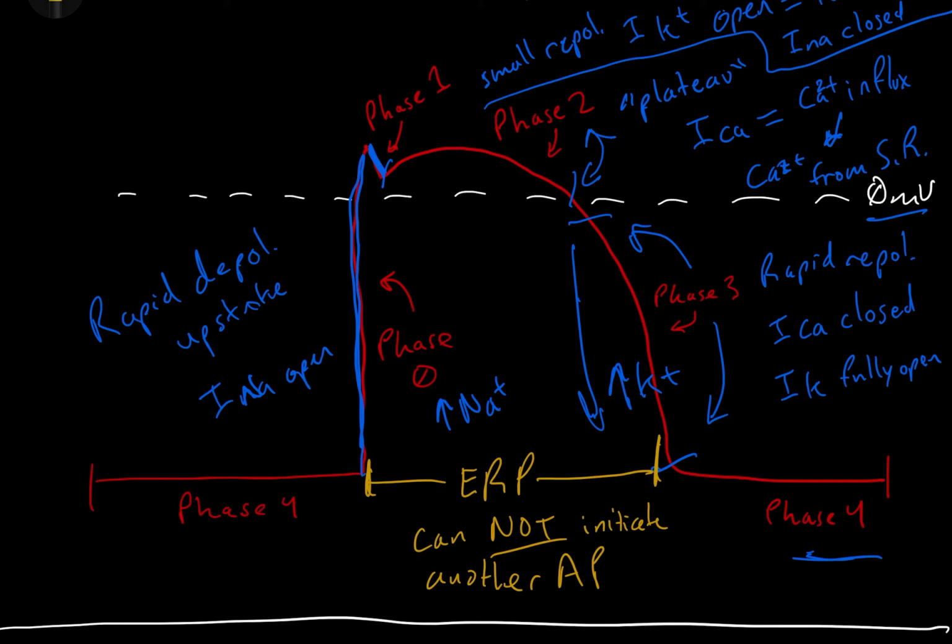And then you've also got your absolute and your relative refractory period, but those are kind of outside the scope of this. Just know your effective refractory period exists on this entire area where we're initiating this action potential, and then we're not going to initiate another action potential because you don't want to confuse the cell, basically trying to get it to continuously try and initiate another action potential.